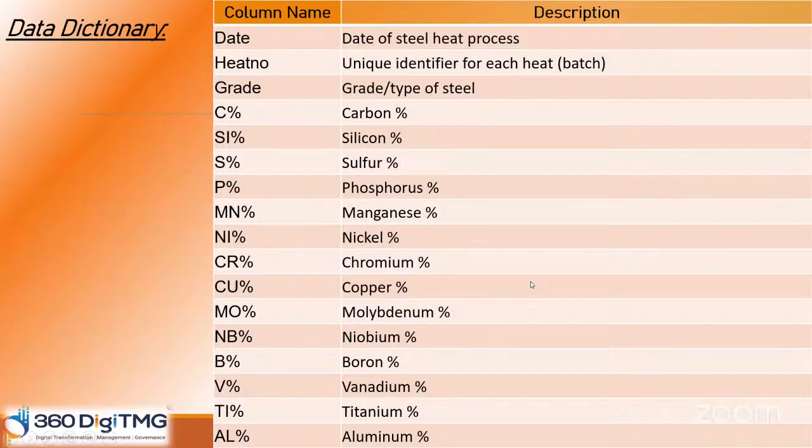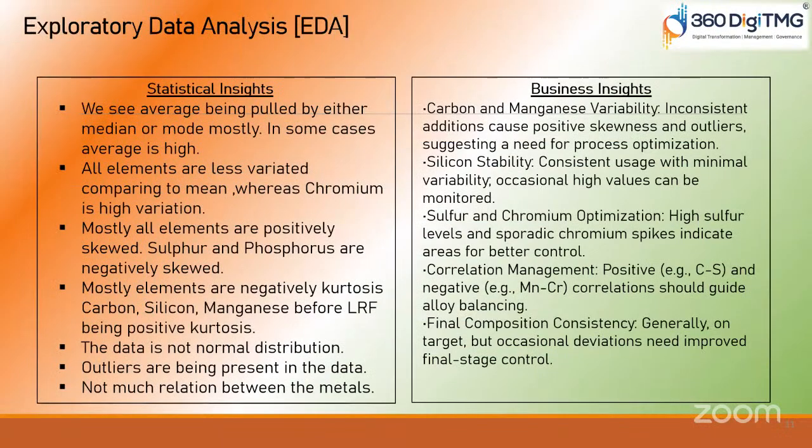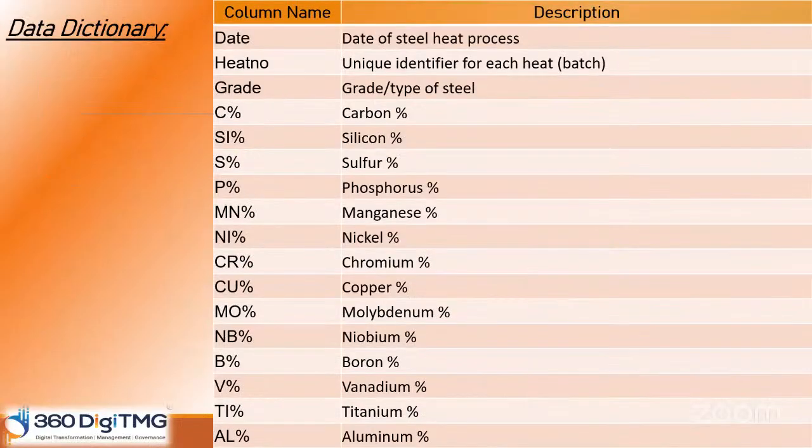This provides a rich source to analyze element behavior. Before diving into analytics, it is important to understand what each column in the data set represents, such as carbon, manganese, sulfur, and phosphorus for both pre and post LRF treatment.